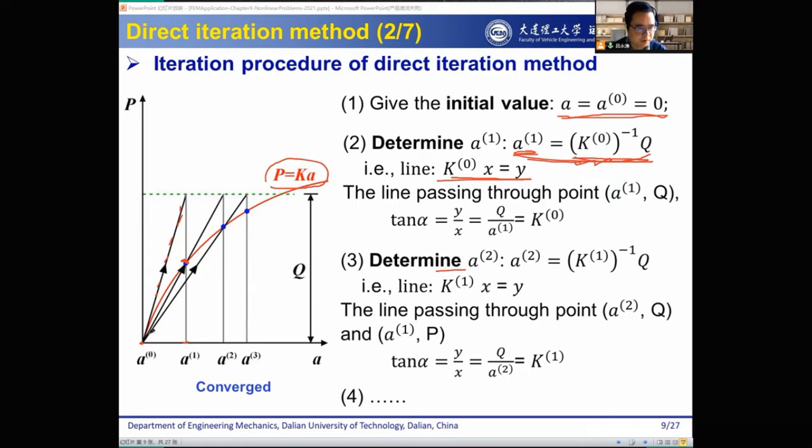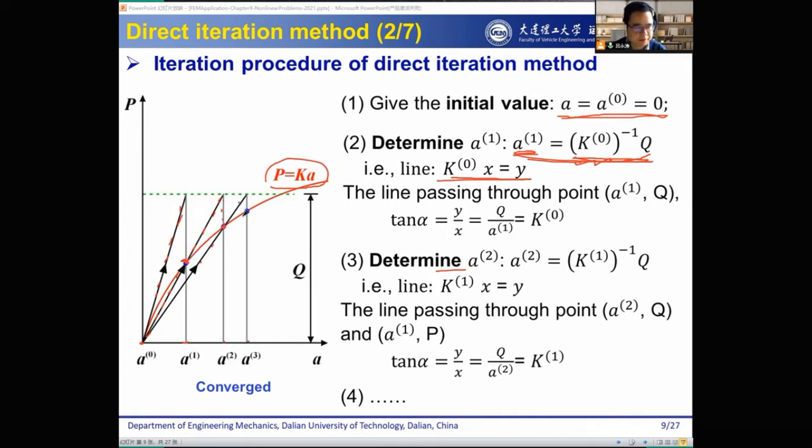So we draw another line passing through this point. Then we get A2. When we draw the line again, we get A3, and we keep doing this.